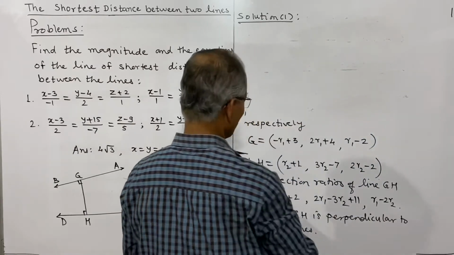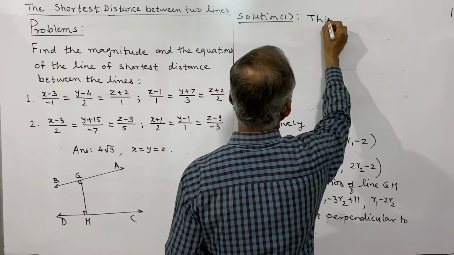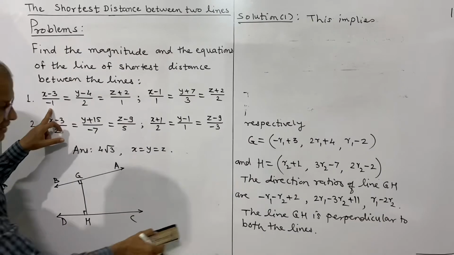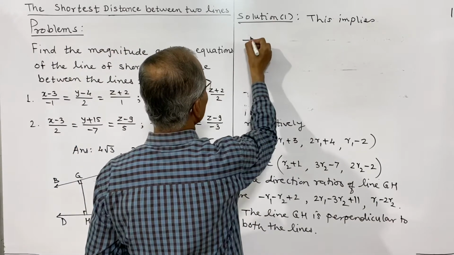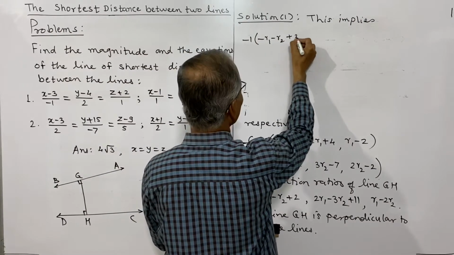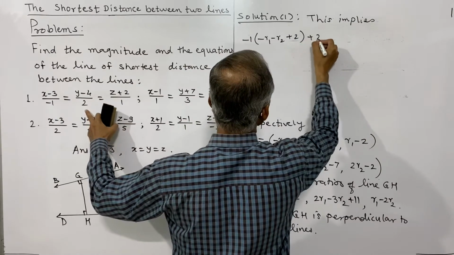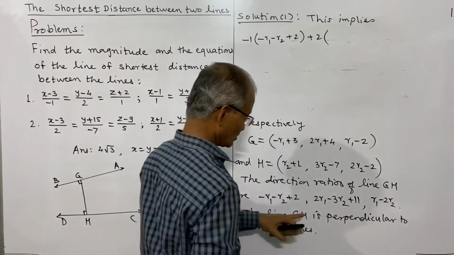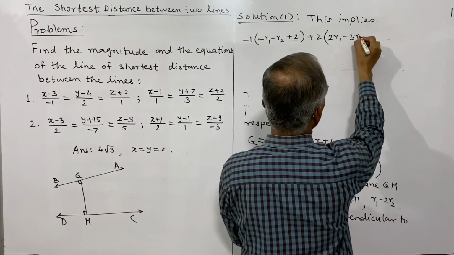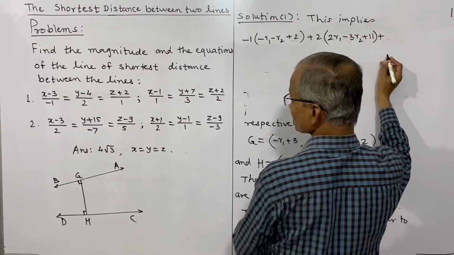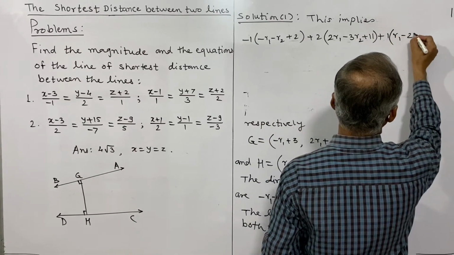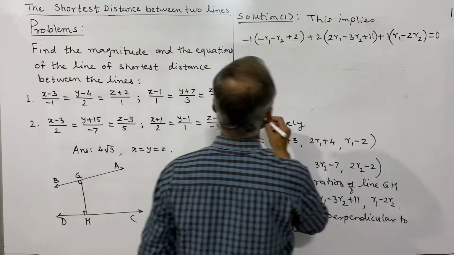So we can write, now see, here are the lines, minus 1 into minus R1 minus R2 plus 2, and next is 2 into the second ratio, DRS, direction ratio, that is 2R1 minus 3R2 plus 11, and plus 1 into this R1 minus 2R2, and this is equal to 0. So the first condition.